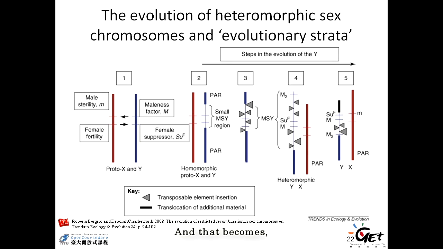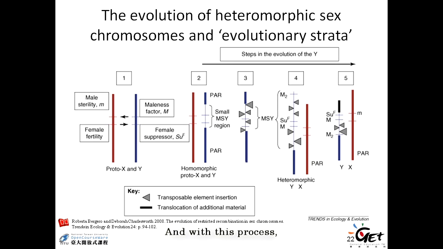That results in the reduction in size of the Y chromosome, which they try to show compared to the X chromosome, and also the accumulation of those repetitive sequences. That is similar to what we observe today.